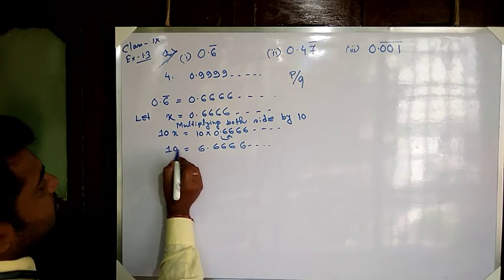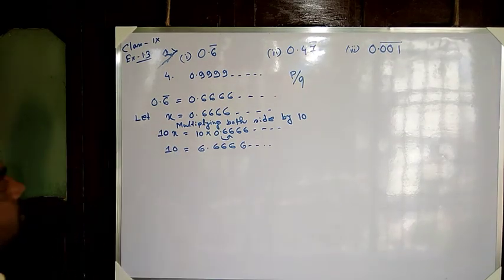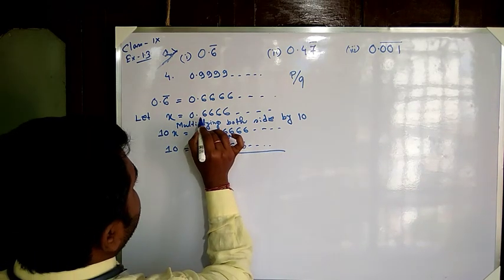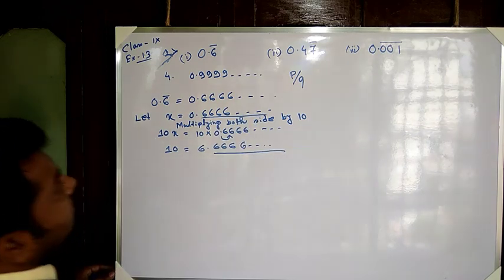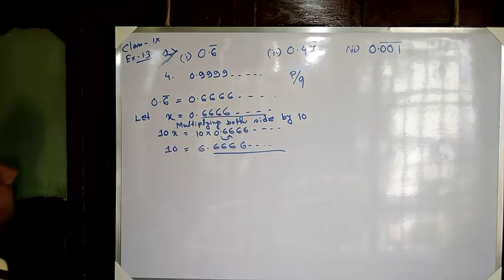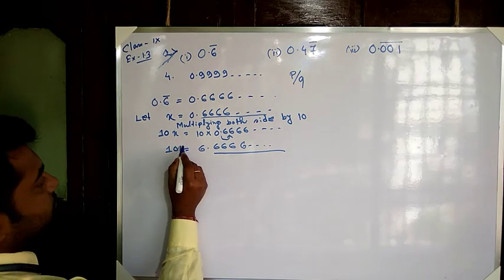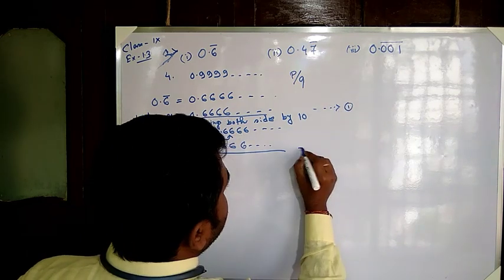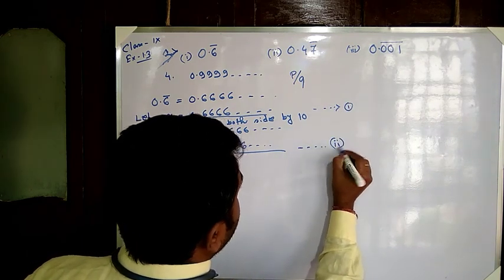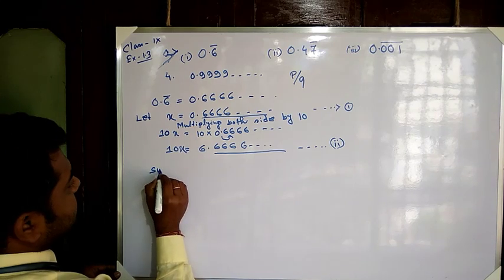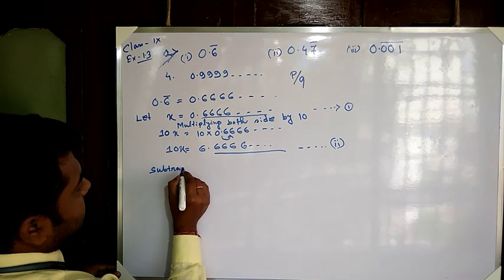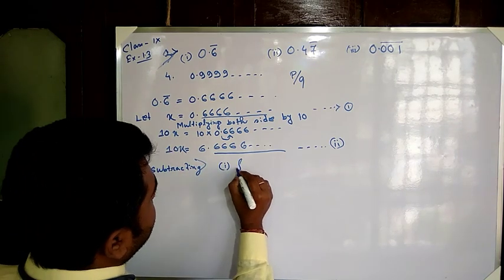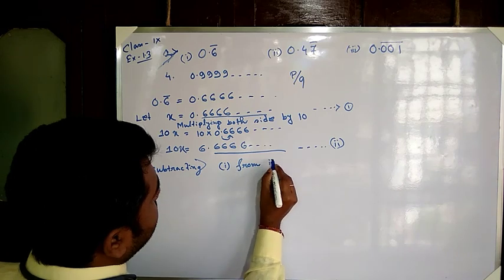So 10x equals this one. Now you can see here 6666 dot dot dot and 6666 dot dot dot, these two parts are exactly the same. Now I am going to subtract equation 1 from equation 2.